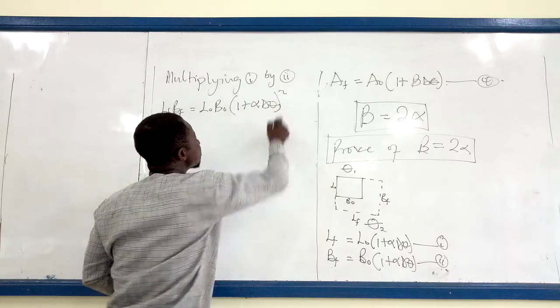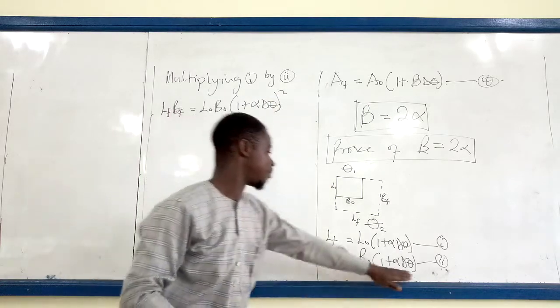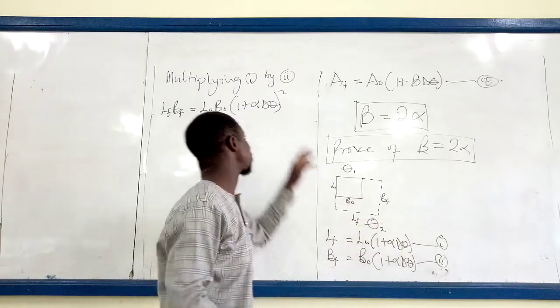This is mathematically correct because I'm multiplying the same quantities, all squared.